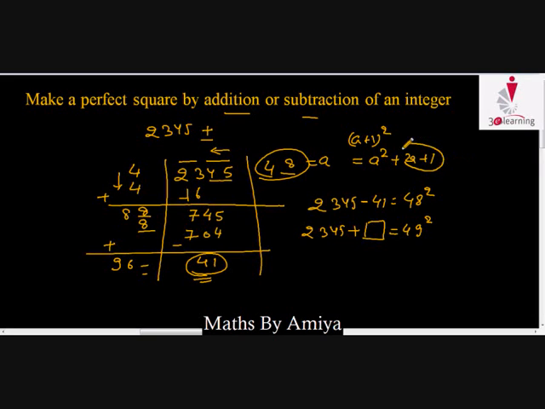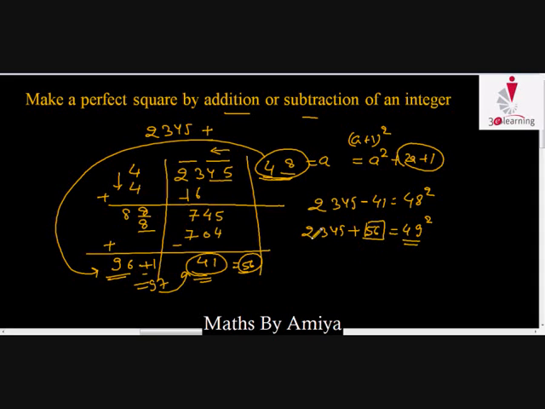So we have to think about 2a plus 1. In this chart, the best part is that if we have 48, then twice of it comes in the bottom. It's 96, but we want 2a plus 1. So we add 96 plus 1, which is 97, and the difference between 97 and 41 is 56. If we add 56 to our number, this will become 49 square.